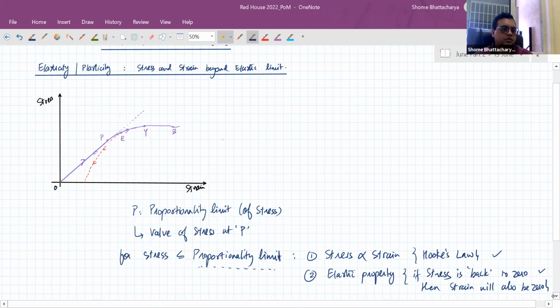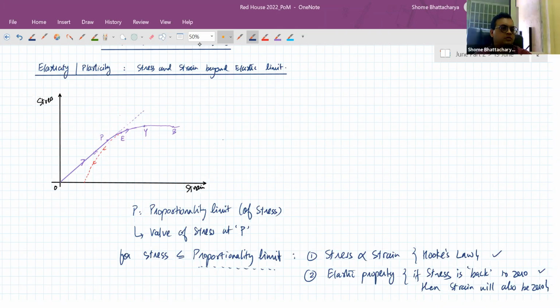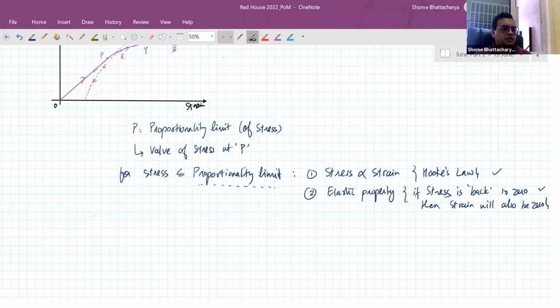Okay, now the next aspect of the stress and strain graph, that is the elastic limit.